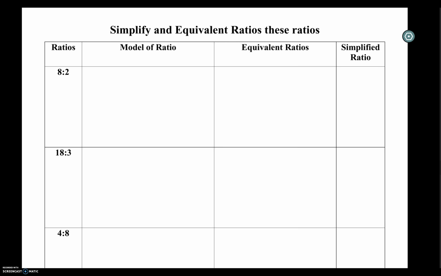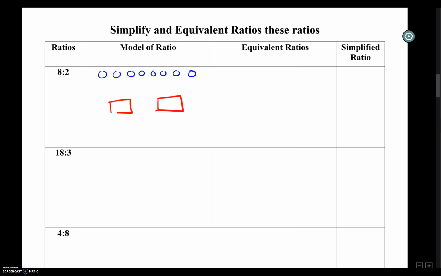But what we could do is we can always create a model, and we have 8. And I'm going to do 8 circles. 1, 2, 3, 4, 5, 6, 7, 8. To 2 squares. 1, 2. So an equivalent ratio could be, and this is how I would create an equivalent ratio, 1 is going to go here, 1 is going to go here, and so on for each group.